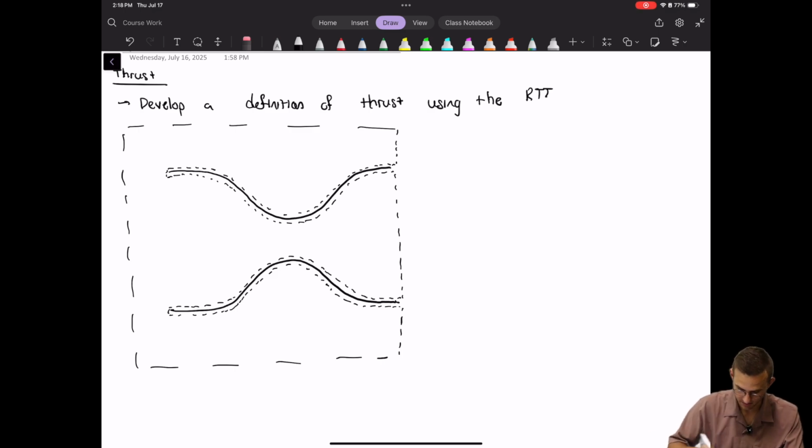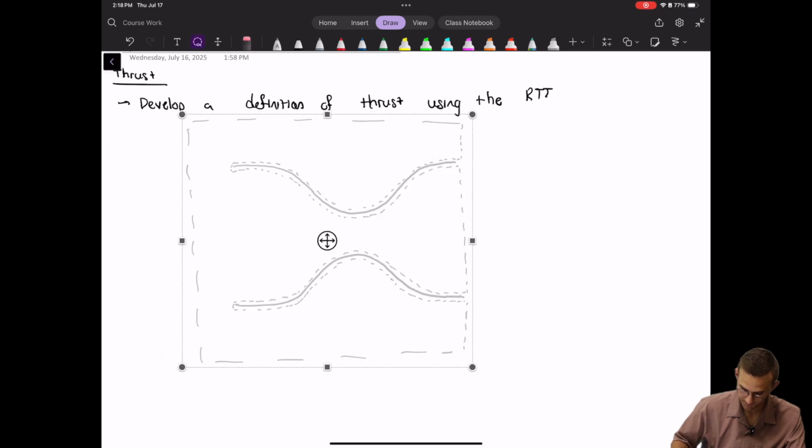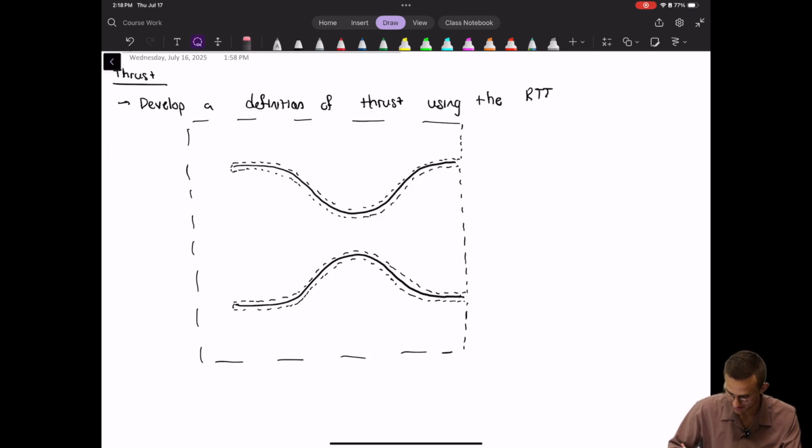Okay, and so here I'm going to move this over a little bit because I need to label some stuff on the left here. But this area here is going to be denoted AE, or the area of the exit of the propulsion system.